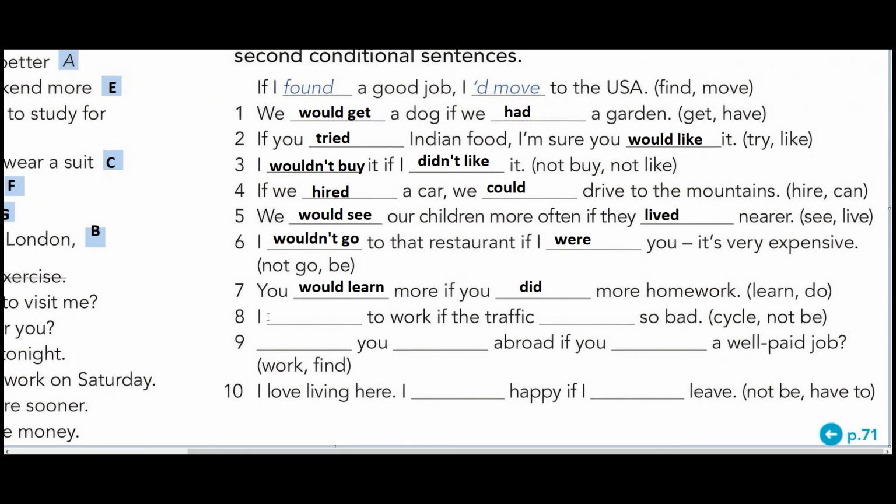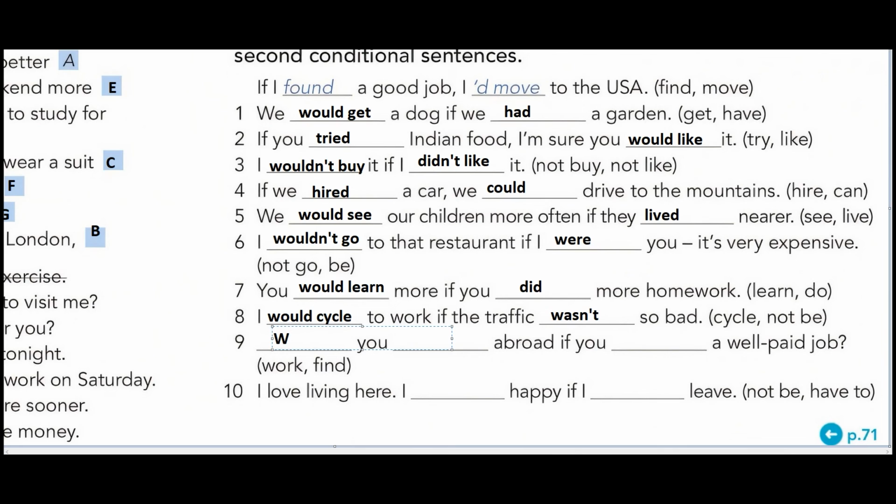Number 8, I would cycle to work if the traffic wasn't so bad. You remember the verb to be in the past simple has two forms, was and were. So, if the traffic wasn't so bad. Next is this one.